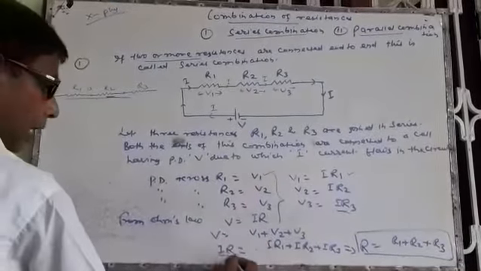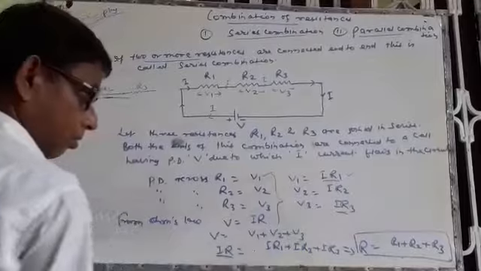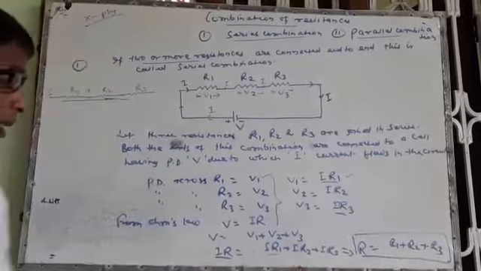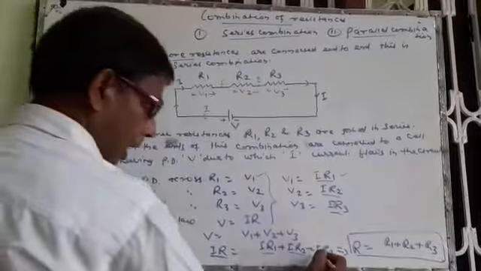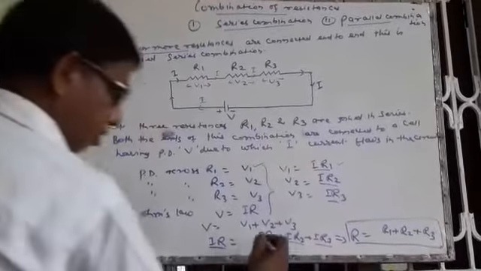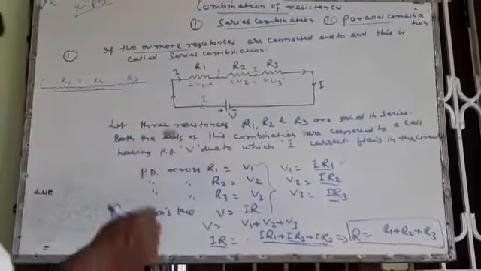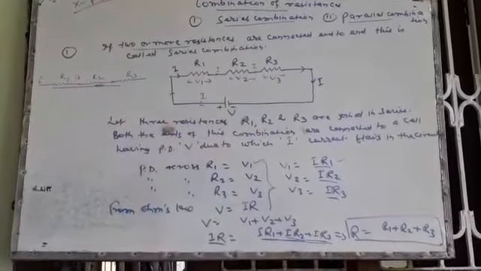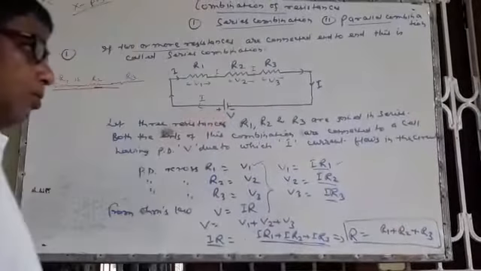V equal to IR, V1 equal to IR1, V2 equal to IR2, and V3 equal to IR3. I is common on this side, so I will cancel and the remaining is R equal to R1 plus R2 plus R3.